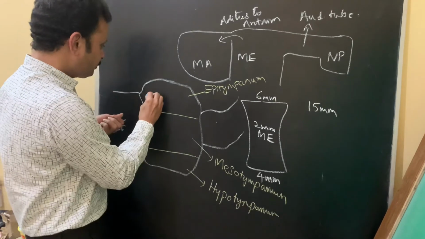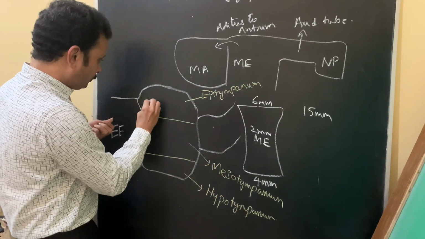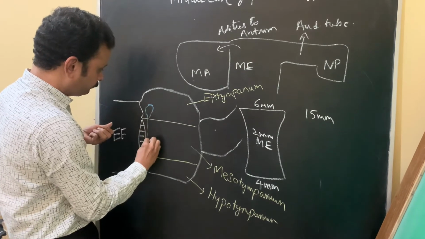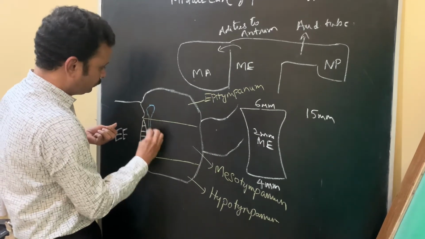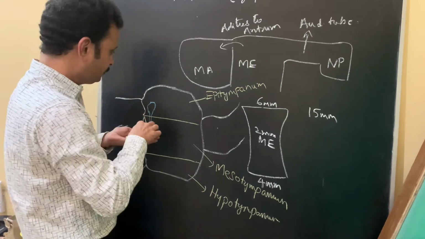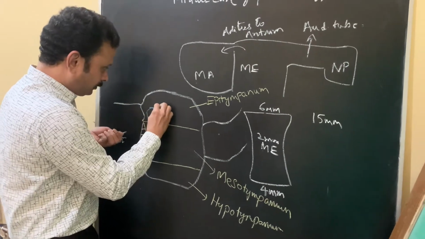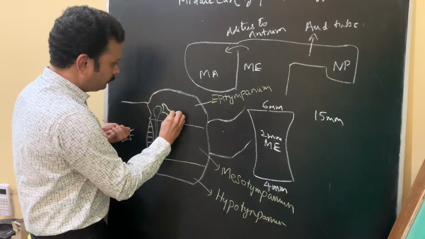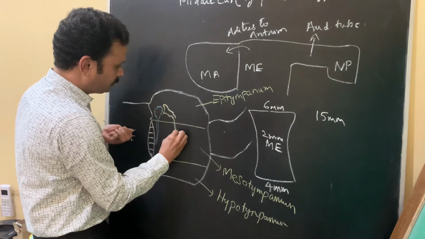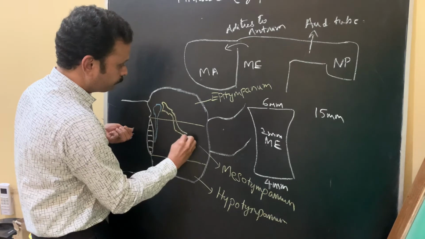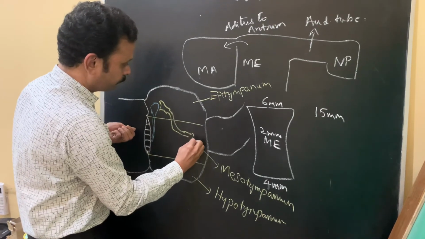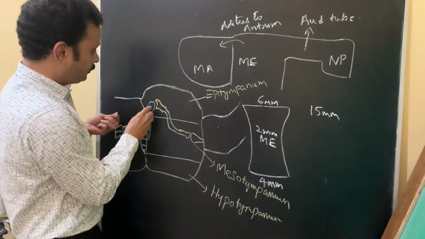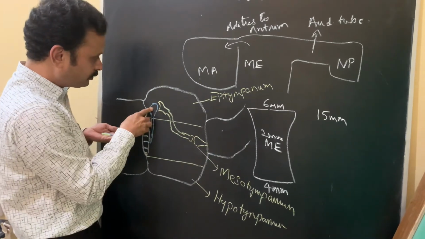Epitympanum contains the head of the malleus, the head and short process of incus. So this is the head of the malleus.